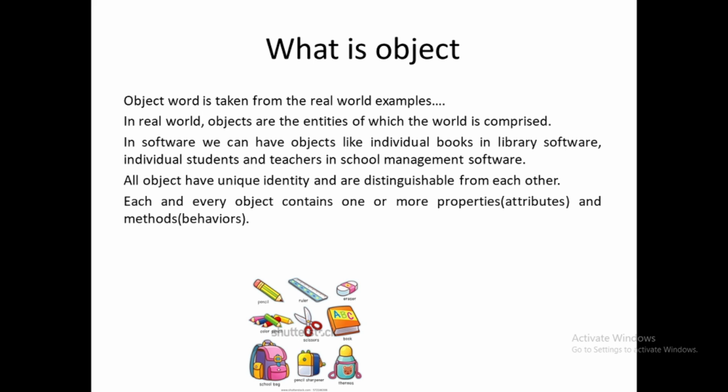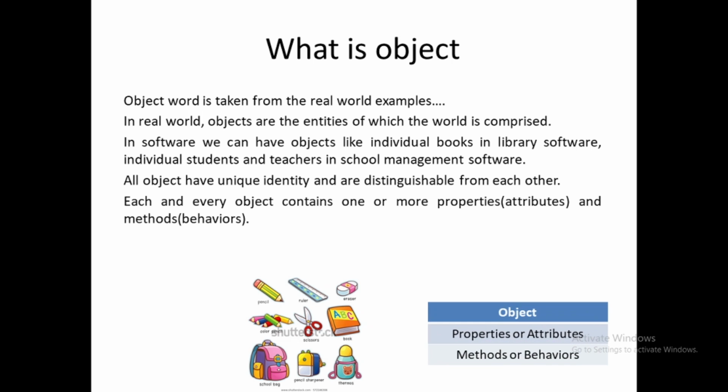For properties you can also use another word, attributes, and for methods you can use another word, behavior. So either you can say property or attribute, and method or behavior, it doesn't matter. So remember, an object has two things: properties or attributes, and methods or behaviors.